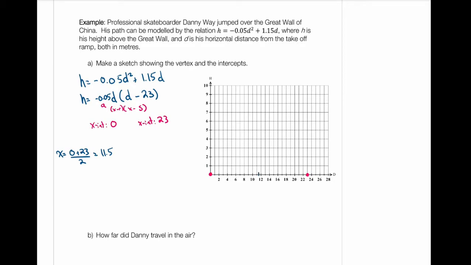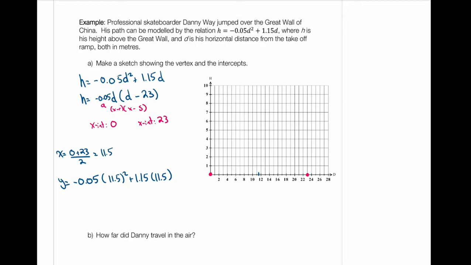What I need to do next is figure out what the y value is. In order to do that, I need to take that x value and plug it back into the equation for x, or in this case d. So negative 0.05 times 11.5 squared plus 1.15 times 11.5. Here I've plugged it back into the original equation.